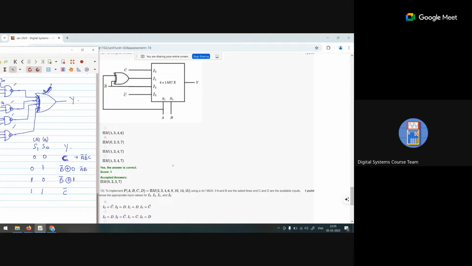Now what is the property of the XOR gate? If any of the inputs is 0, the output will be the other input. This particular XOR behaves as a buffer. So if any of the inputs is 0, it behaves as a buffer. So it becomes A bar, B, B bar.